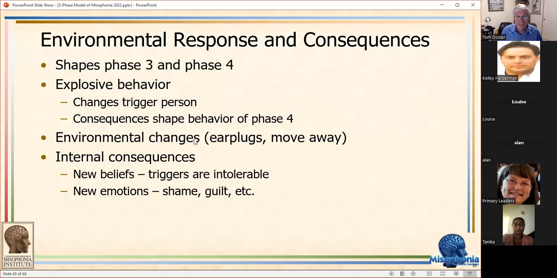Good environmental changes are to use earplugs, use noise, change the environment, move away. But you also get internal consequences developing. One of the things is that by reviewing it and by the way the world responds around you, you can develop new beliefs that triggers are intolerable. Now, triggers are very unpleasant. And again, I have not had one. So you can say, Tom, you don't understand how bad it is. And you're right, I don't.